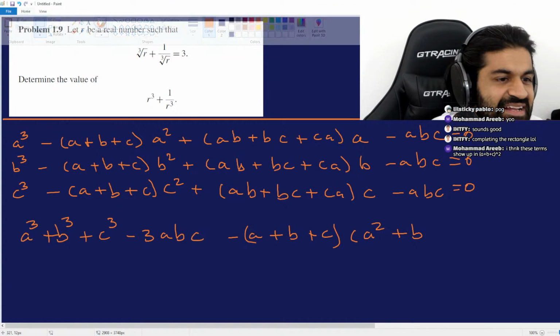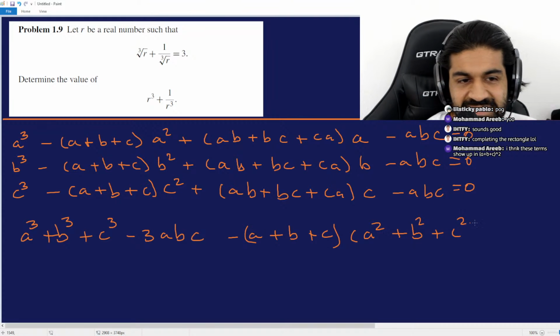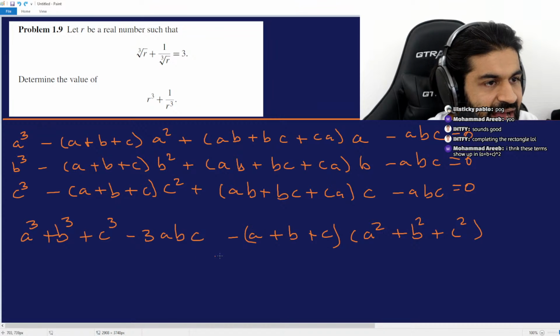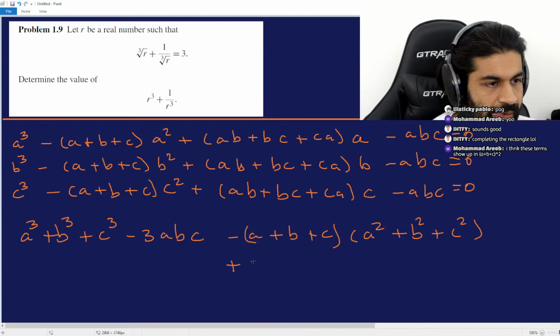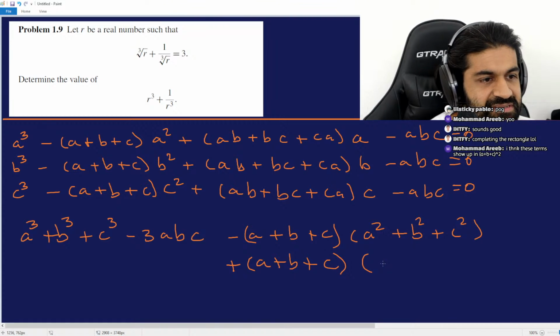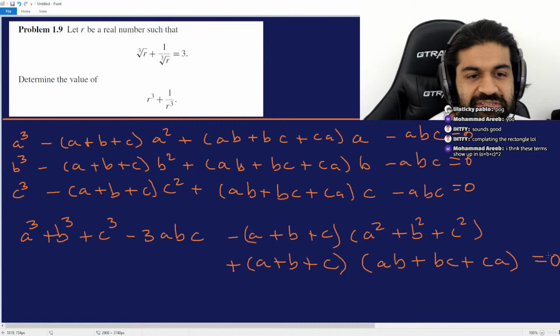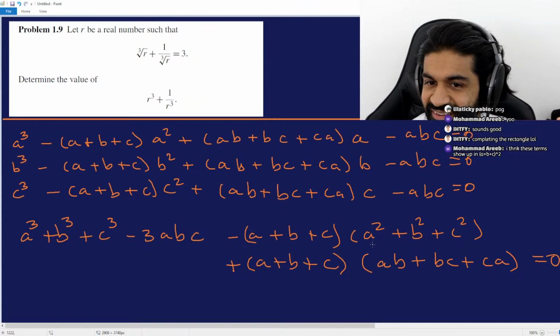But assuming that that's okay, so this is going to be a squared plus b squared plus c squared, and then another plus (a plus b plus c) times (ab plus bc plus ca) is equal to 0, which again gives you the exact same factorization, which is kind of neat.